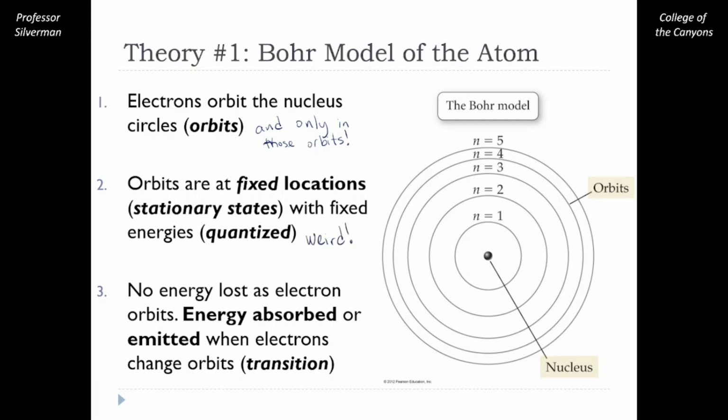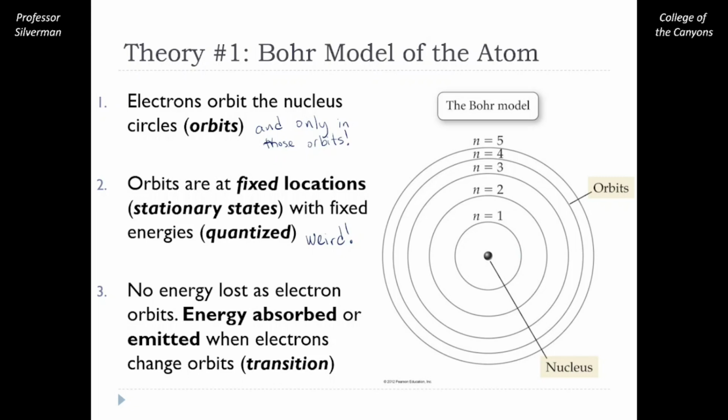That being said, our electrons can transition from one orbit to another, and they can do so by absorbing or emitting energy. If you have an electron with energy of 1, it's never going to be 1.5, but it can somehow jump up and absorb enough energy to get up to an energy level of 2.